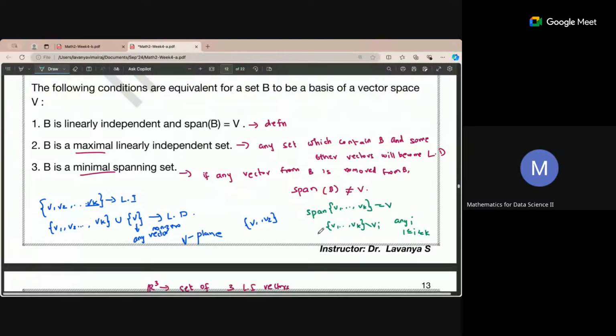If after removing it the span of this set is not equal to V, then this is called a minimal spanning set.